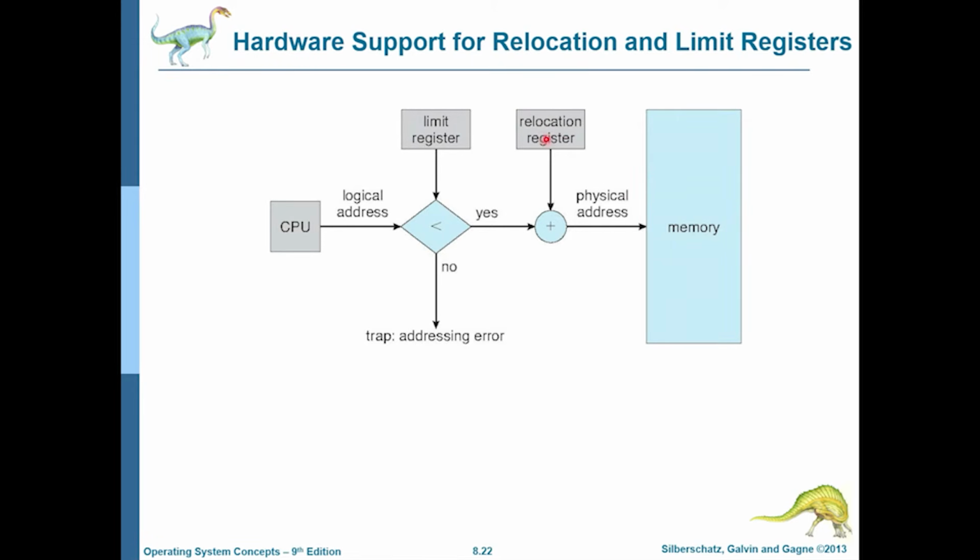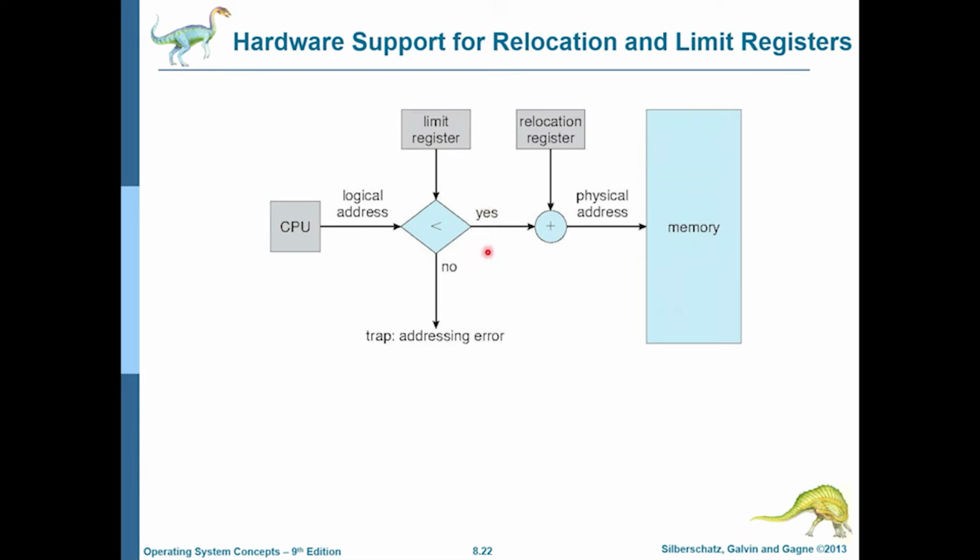One time when it is running, the relocation register might be somewhere over here, so the process might be present somewhere here. The second time, the operating system might allocate the process somewhere over here, and so the relocation register might be somewhere over here. For the process, it does not matter where it is placed.